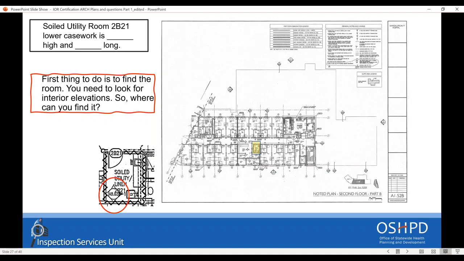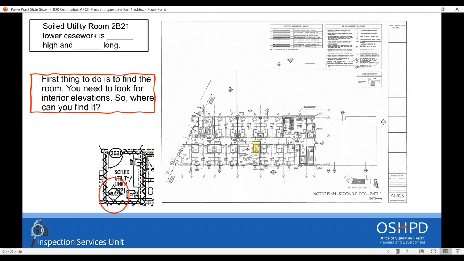In order to look into the specific interior elevation, you need to find the right callout. Where can you find it? In the set of plans, you can find it in the noted plans. Remember, you need to go to the master index of drawings and read where the specific plans are identified, which is the page number. You always need to go back again.